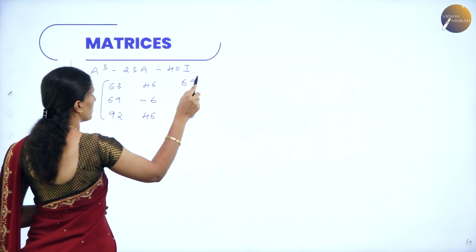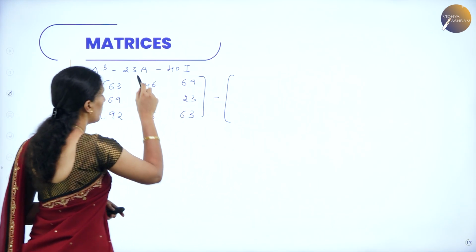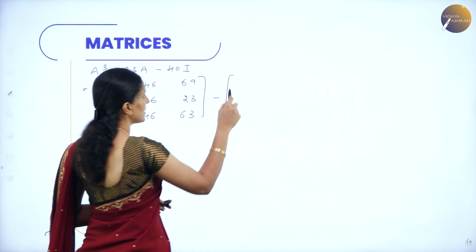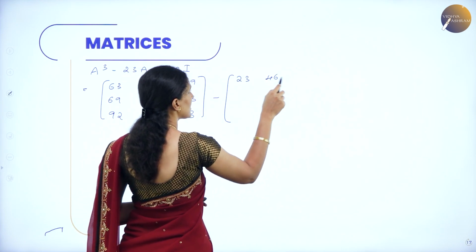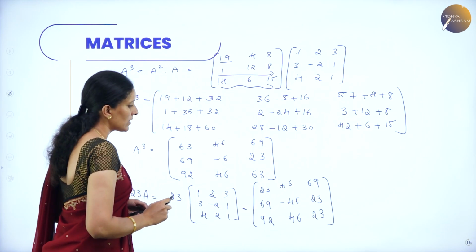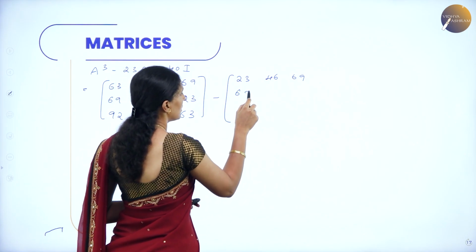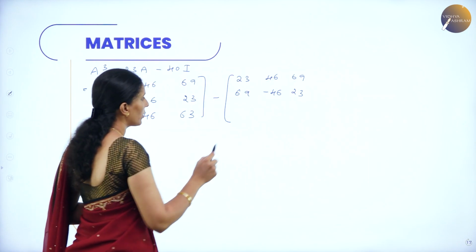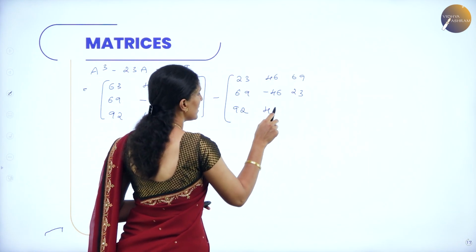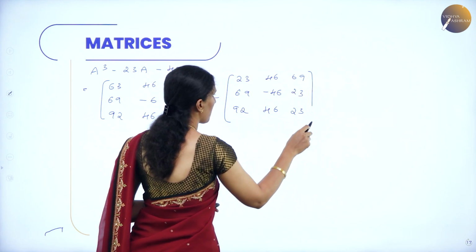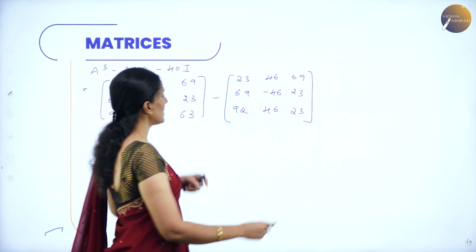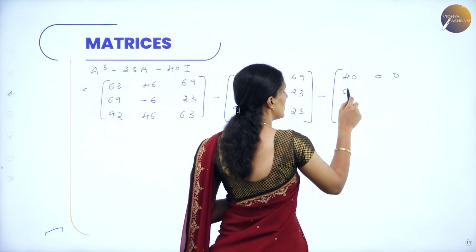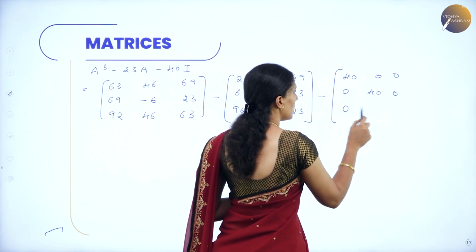So this is A cube minus. So what is 23A we got? So 23A is 23, 46, 69. 69 minus 46 and 23. 92, 46, 23. So this has to be subtracted with 40I. 40I means 40, 0, 0, 0, 40, 0, 0, 0, 40.